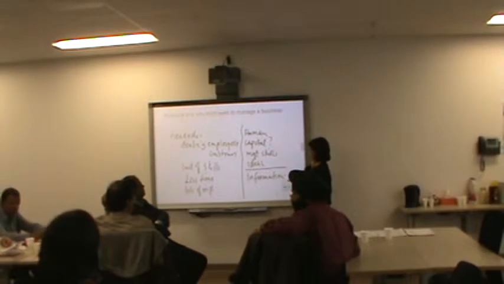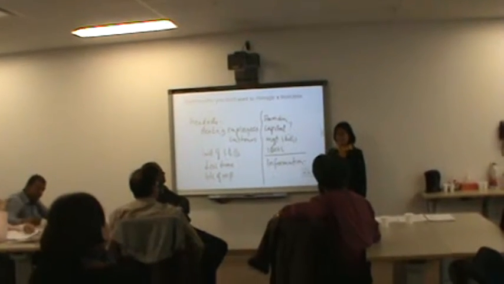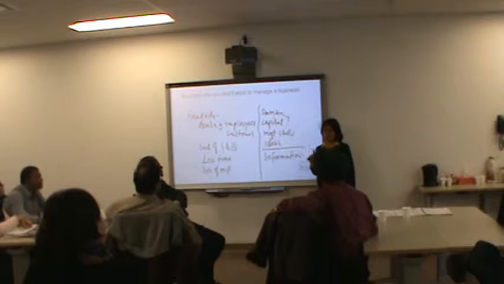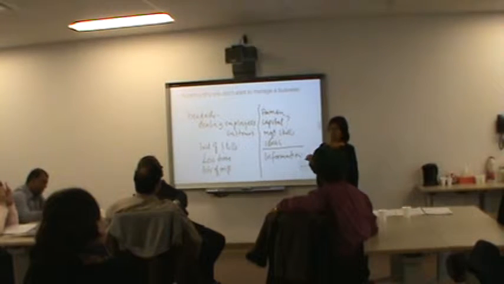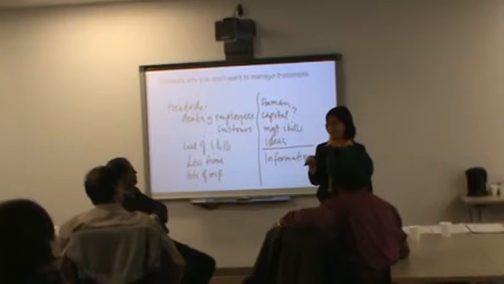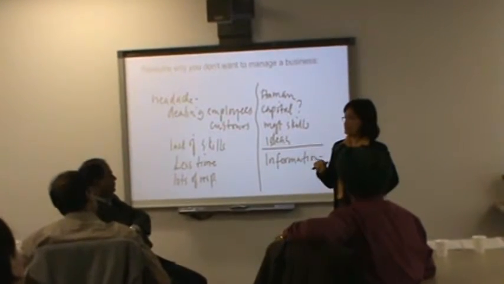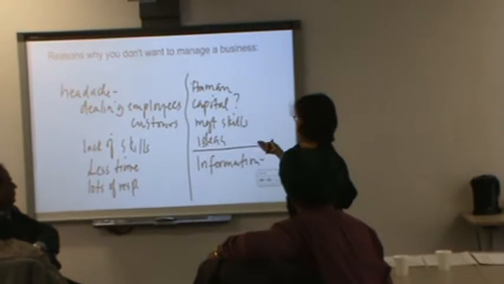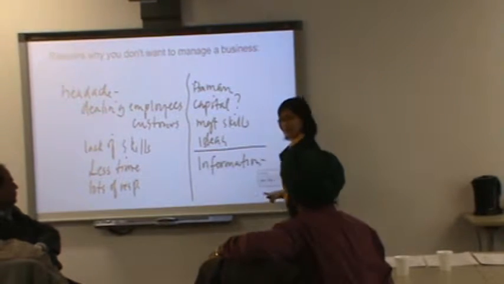Okay? So right now, I'd like you to think that people usually want to own a business but don't want to manage that business. And people say that information is a very critical resource of an organization. But why is it that still many people don't want to manage a business? Because there are a lot of things that you need to consider.